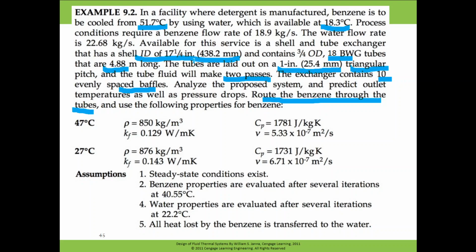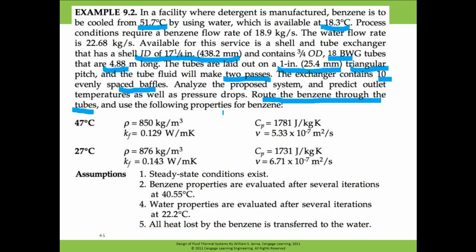When it comes to finding the properties, you have to take the average temperature. In case the average temperature is not given, because only the inlet temperature for benzene and the inlet temperature for water are given, you have to make a suitable average, and then check after doing the complete analysis whether the average was correct or not. If not, you have to repeat your analysis.